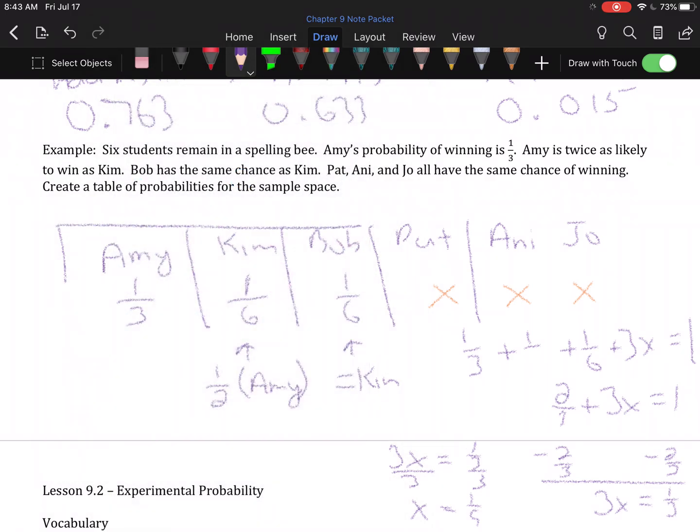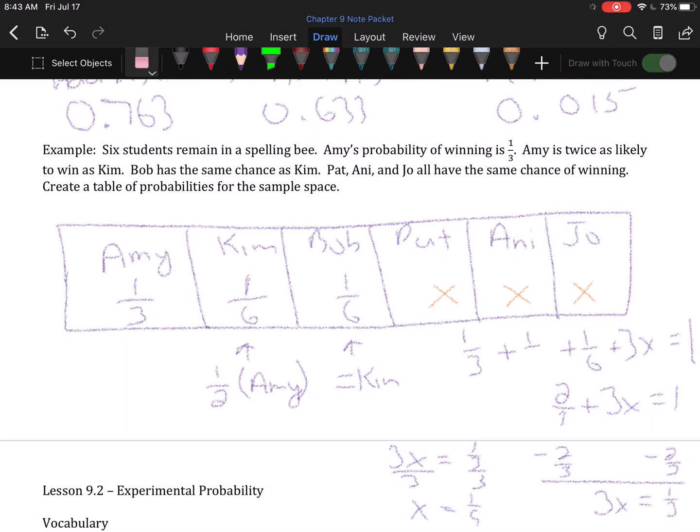So now I know instead of x, x is 1/9. So Pat, Annie, and Joe all have a 1/9 chance of winning.